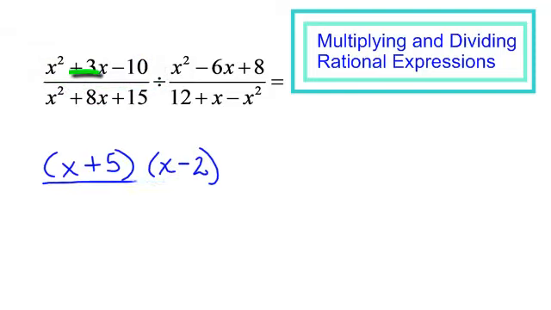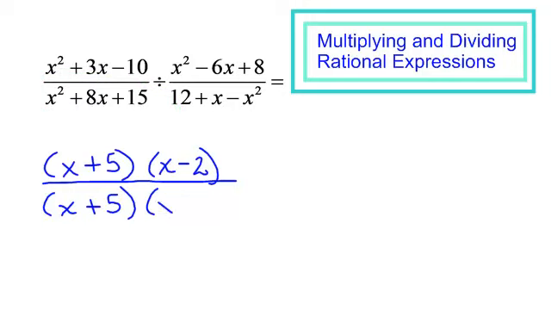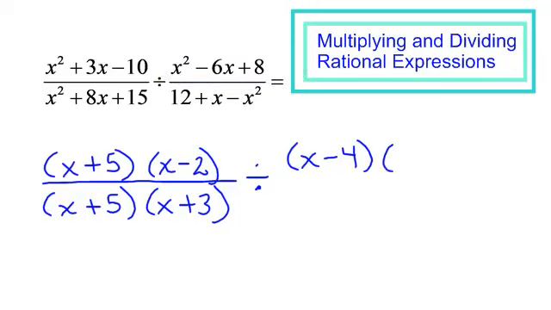In the first denominator, x squared plus 8x plus 15, I will factor that into x plus 5 times x plus 3. Remember, it does not matter which order I write these binomials. That is divided by, in the numerator of the second fraction, x squared minus 6x plus 8, that will be x minus 4 times x minus 2.